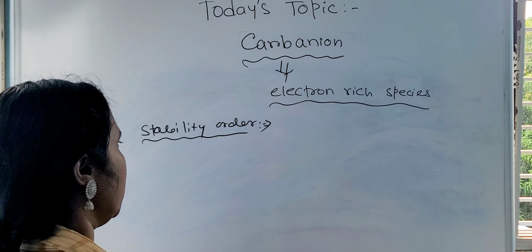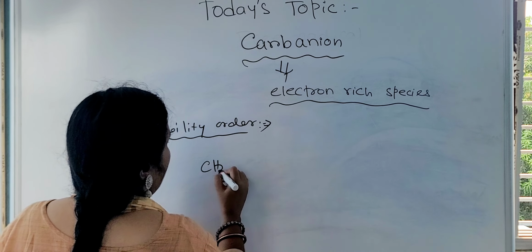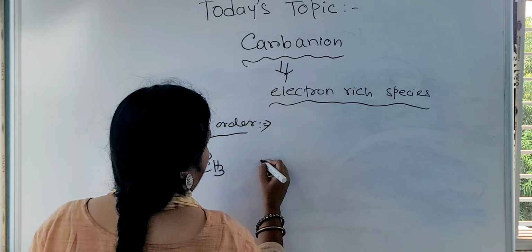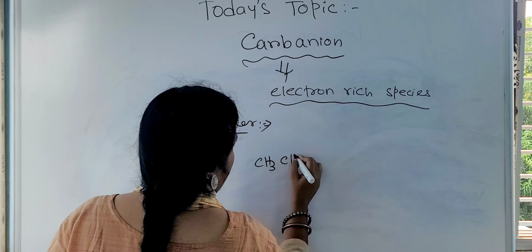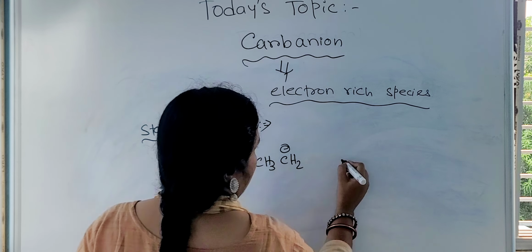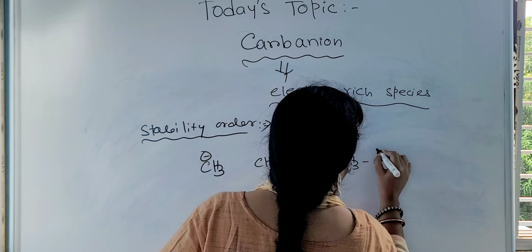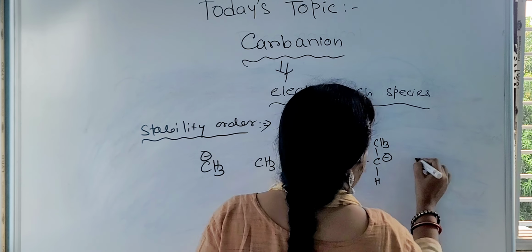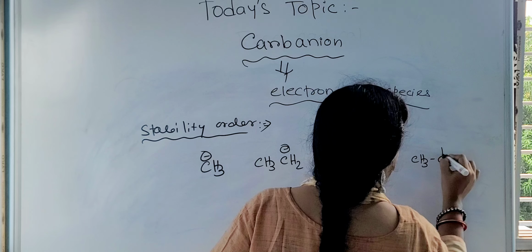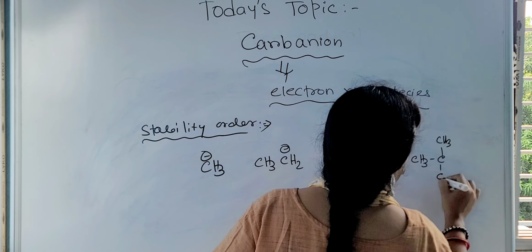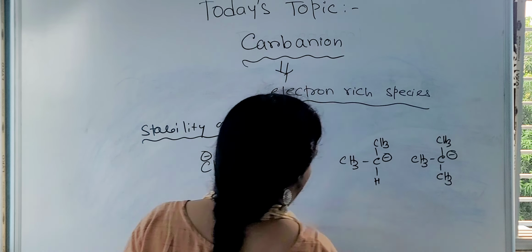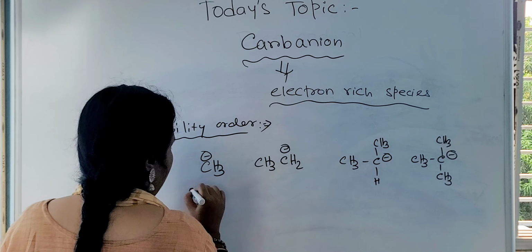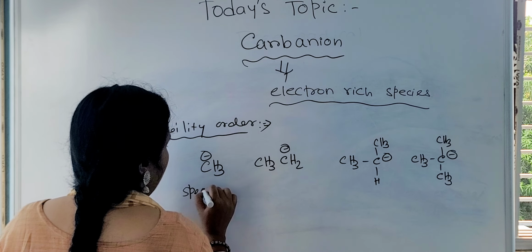Let's see it. Suppose your methyl anion, ethyl anion, isopropyl anion, and this is your tertiary butyl anion. The methyl anion is a special primary anion.